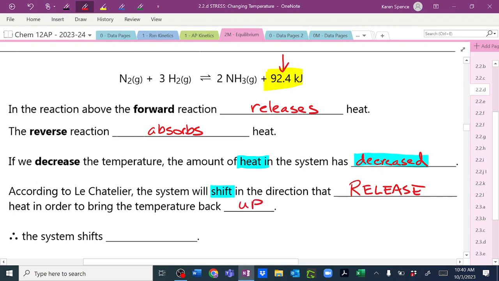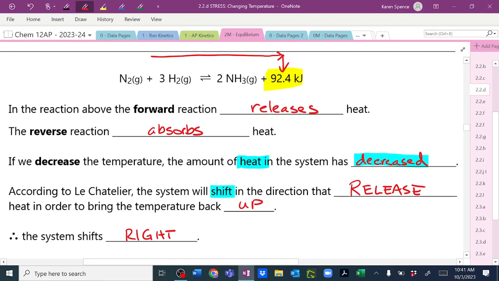Therefore, in this particular instance, if you want to, you can draw your arrow. Where would I draw my arrow? Above. And where should the arrowhead go? On the right, because it's going to touch the tail of the other one. So the system is going to shift right. So that would be a Le Chatelier explanation.